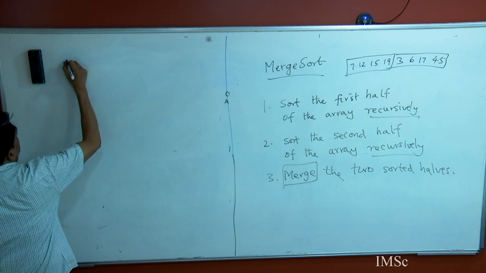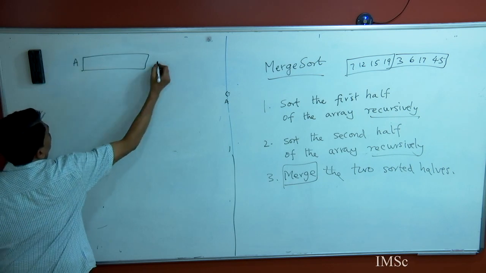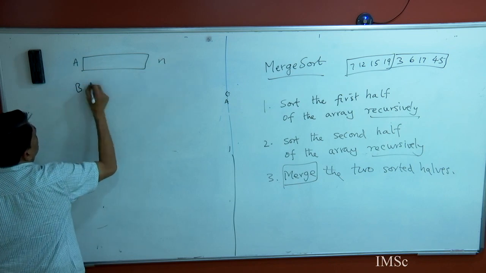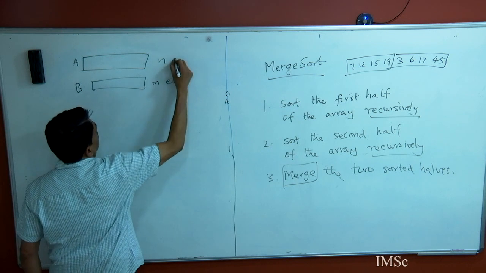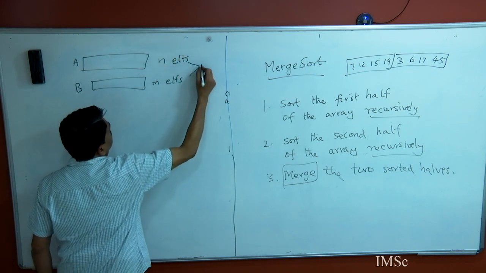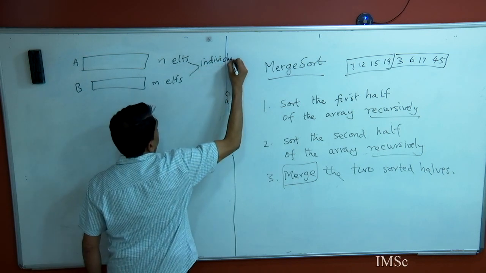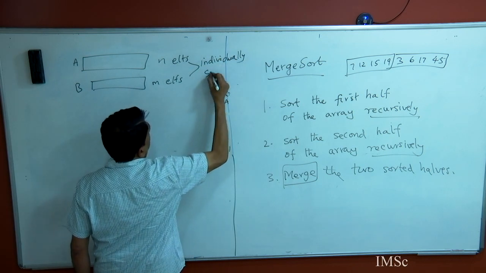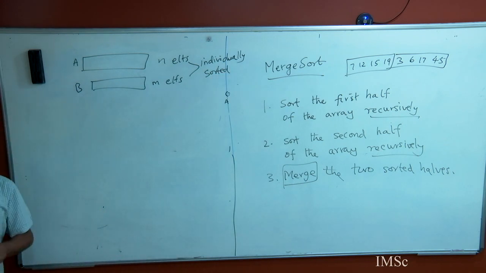So you have an array A of n elements and an array B of m elements, individually sorted, right? And you want to merge them.